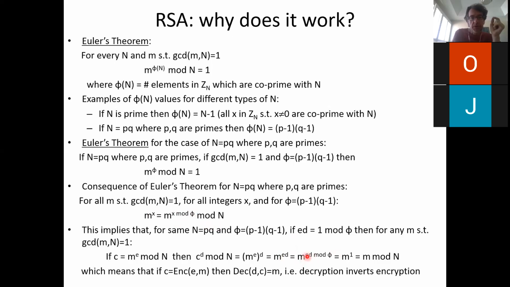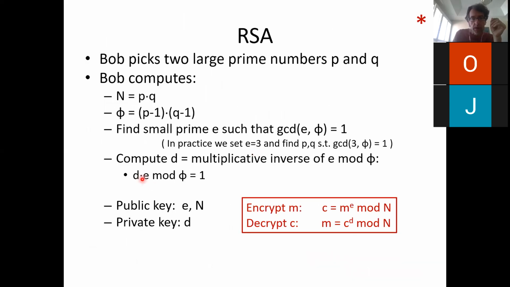And ed is chosen in this way to exactly guarantee this, because e and d are inverses of each other modulo phi, which is this equation, that ed mod phi is 1. That's how e and d are chosen, right? It's right here. That's the private key equation for RSA. Given exponent e, which is public, d is computed to fit this equation.